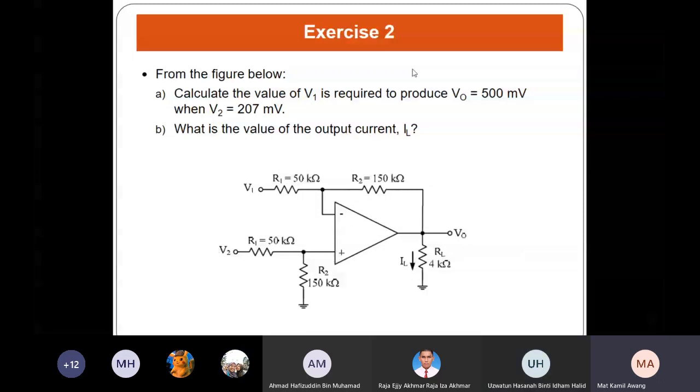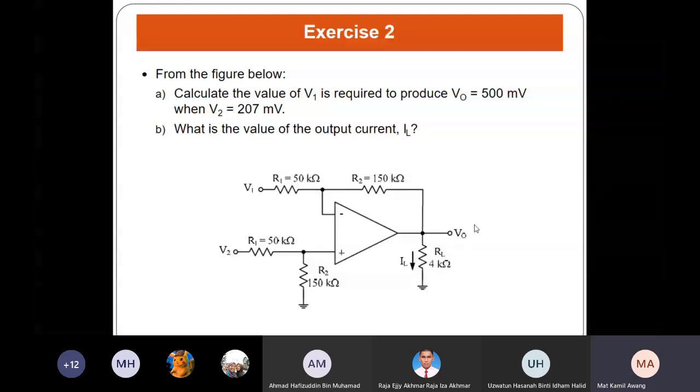V1 is the input, but in this example, it gives the output and one of the inputs, and you need to find the other input V1, instead of giving V1 and V2 and finding V out.